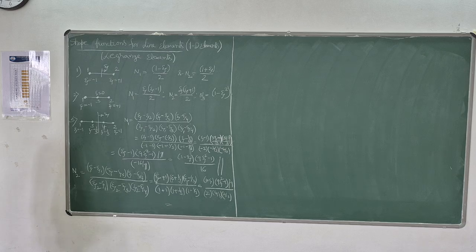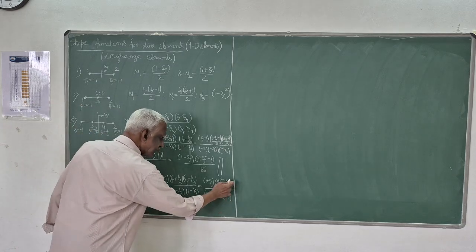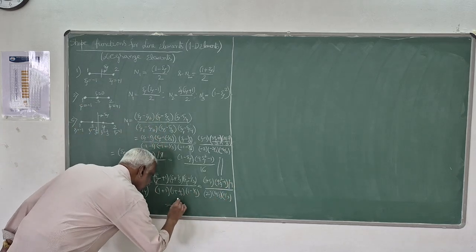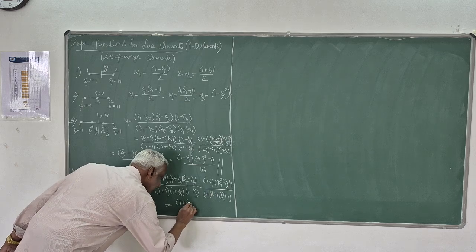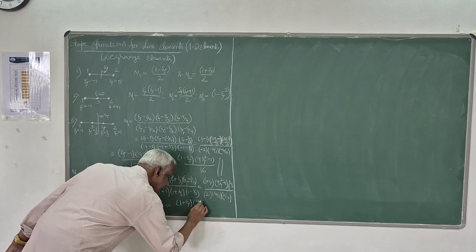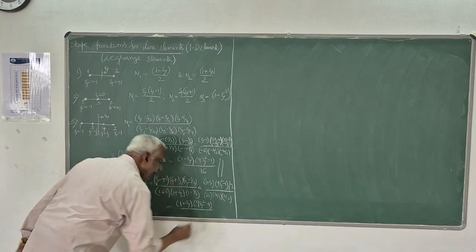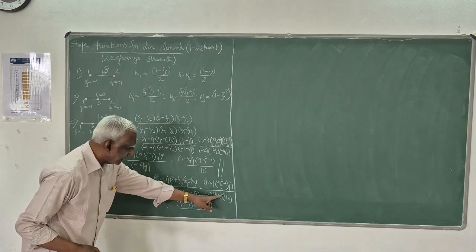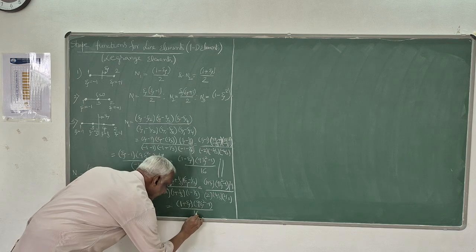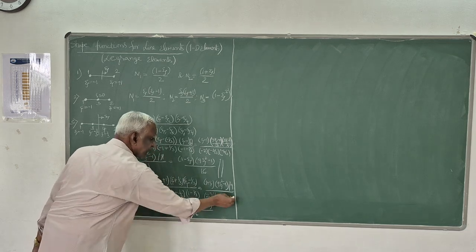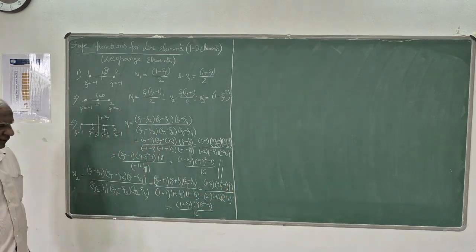This reduces to this, 9 will cancel. You have (1 plus psi) into (9 psi square minus 1) divided by 4 into 2, 8 into 2, 16. This 3 into 3, 9, that 9 cancels.